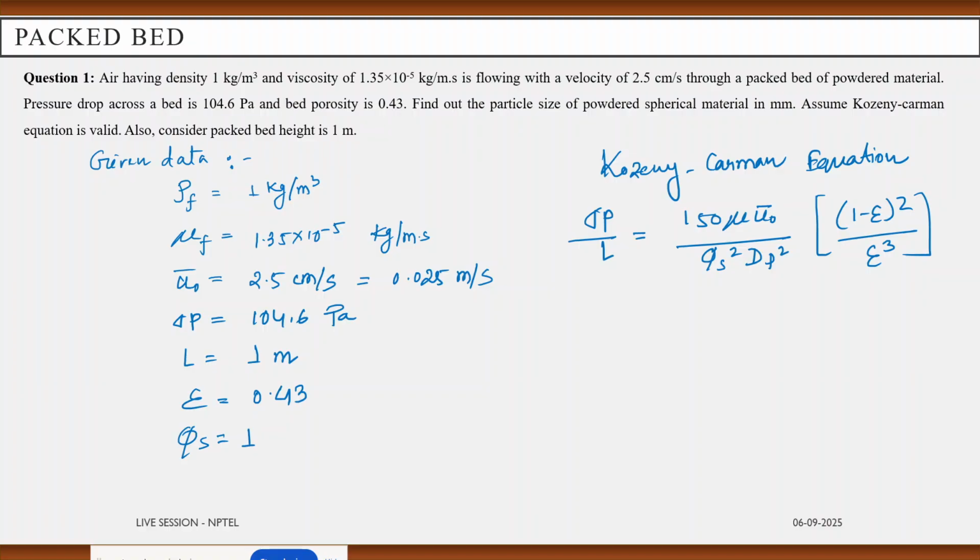You have to report the value of dp in millimeter. So it is very simple.